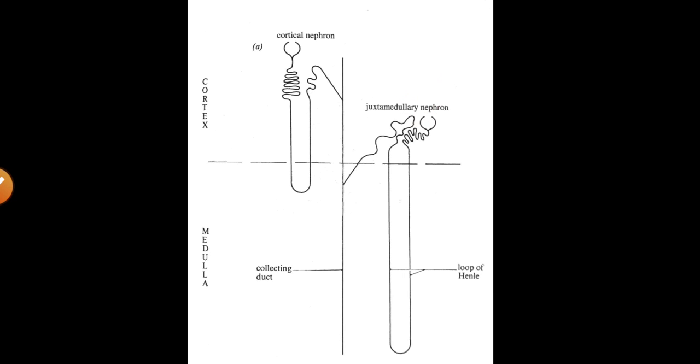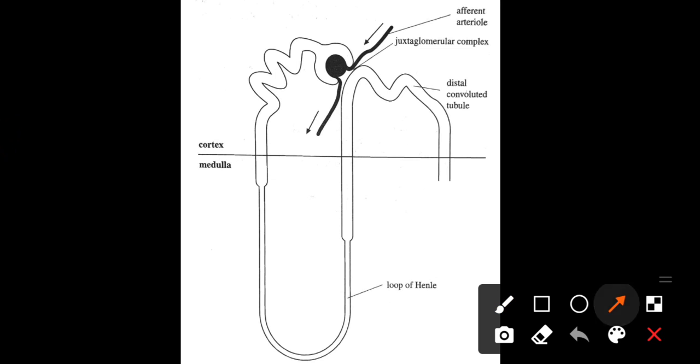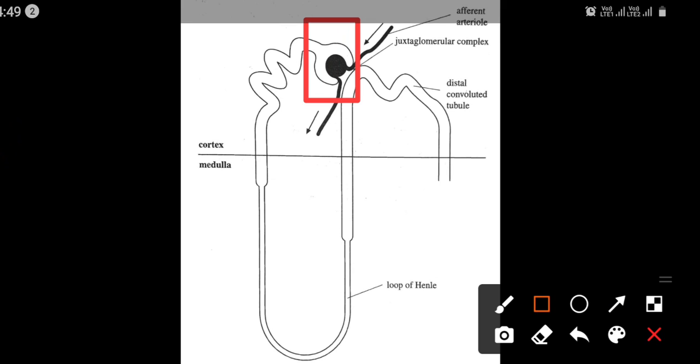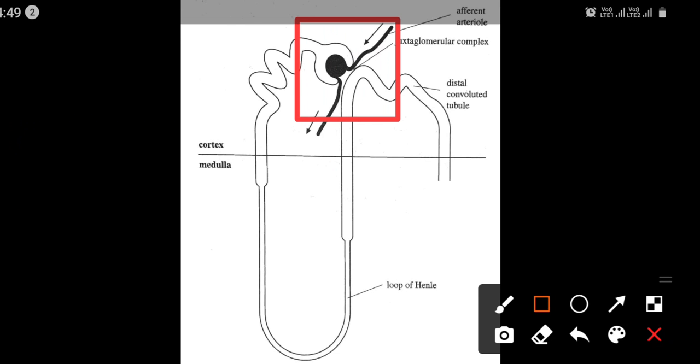Now I am starting with this particular apparatus. In this diagram, first of all, I would like to share that this is a juxtamedullary nephron, not a cortical nephron. As you can see, the renal corpuscle is very close to the medulla, and number two, it has that association with the distal convoluted tubule.